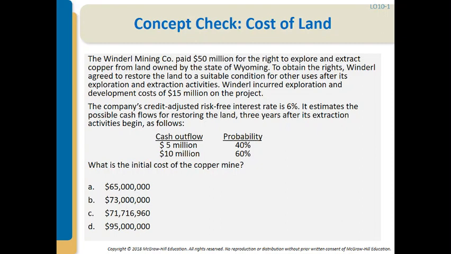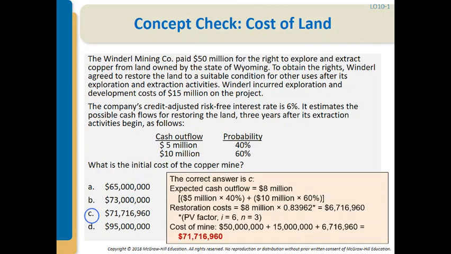And so the answer here comes out to be C, because you've got the following going on. You're adding the 8 million times the present value interest factor of 0.83962, which is the present value for an interest rate of 6% for a period of 3 years.